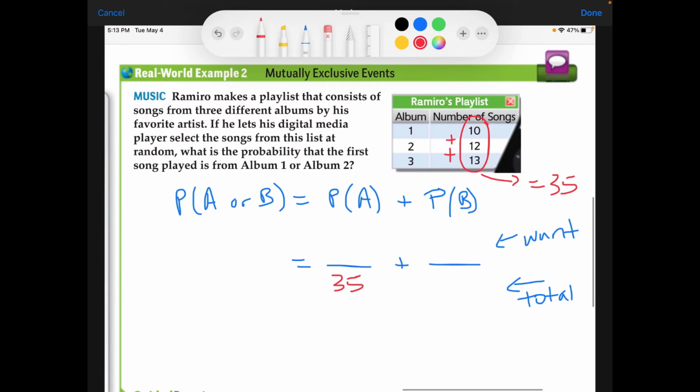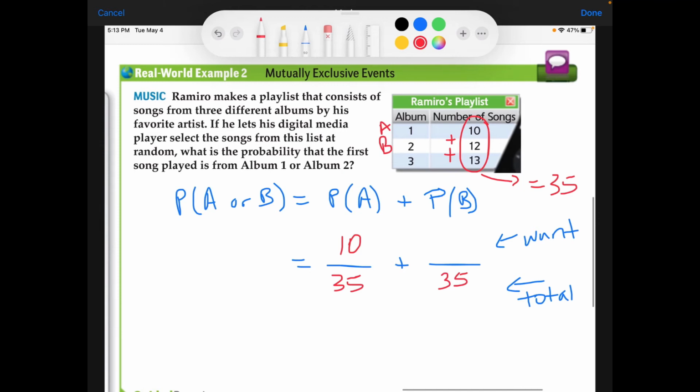And let's make album 1 to be A and album 2 to be B. So how many songs in album 1? What's the probability of him getting first a song from album 1? Well, there's 10 songs in album 1, so that's going to be 10 out of 35, right? And now if we look again for the second scenario, for the second song, again, we have to put the total amount of songs at the bottom and how many songs in album B or album number 2.